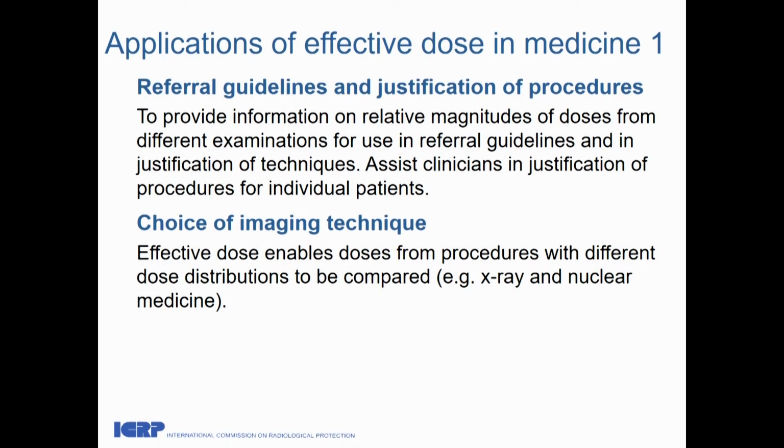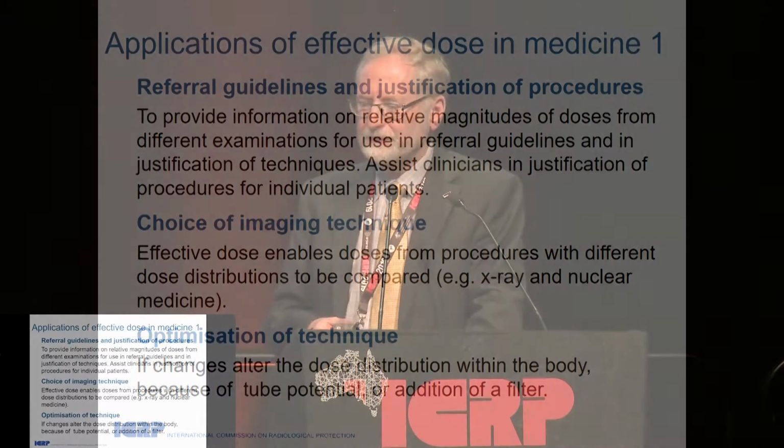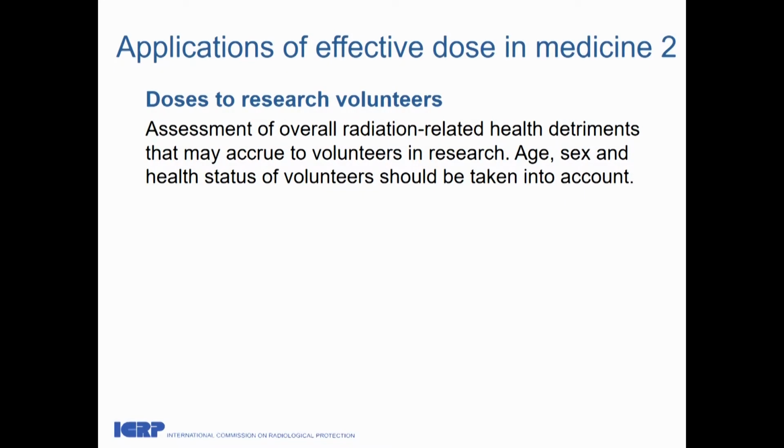If we're choosing an imaging technique, X-ray, nuclear medicine, really the only way we can make those comparisons is with effective dose. I said we use measurable quantities for optimization generally, but sometimes there's changes in the distribution within the body due to tube potential or additional filters, and then effective dose can also play a role.